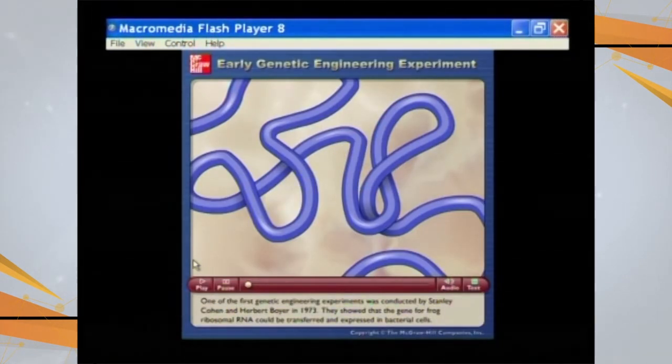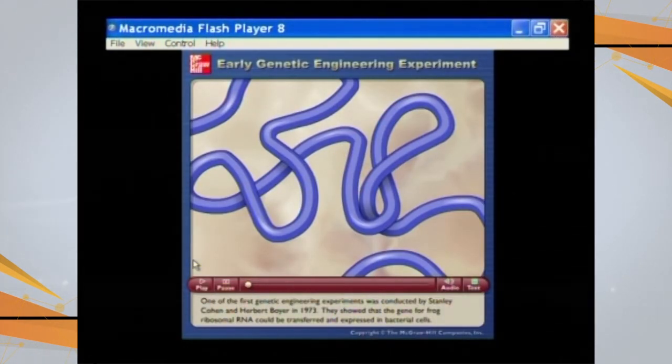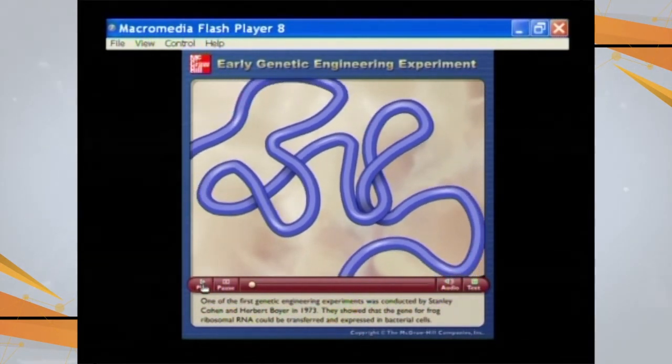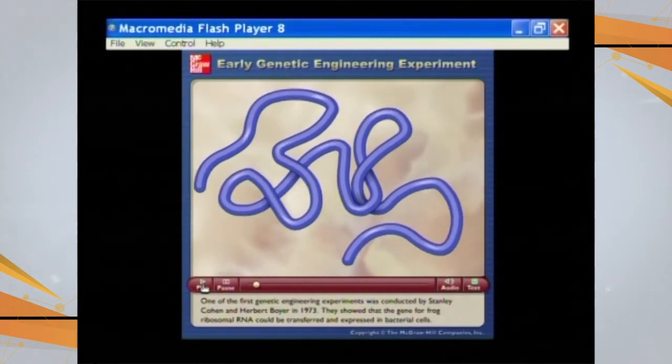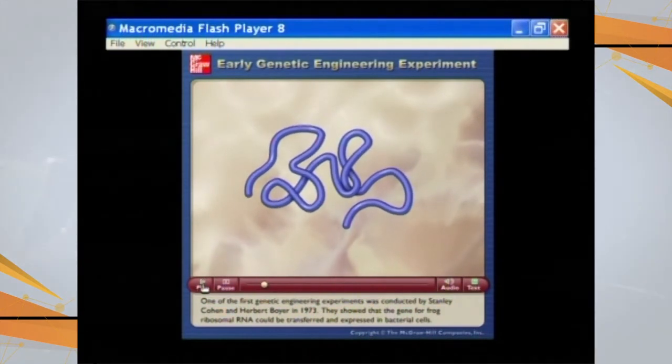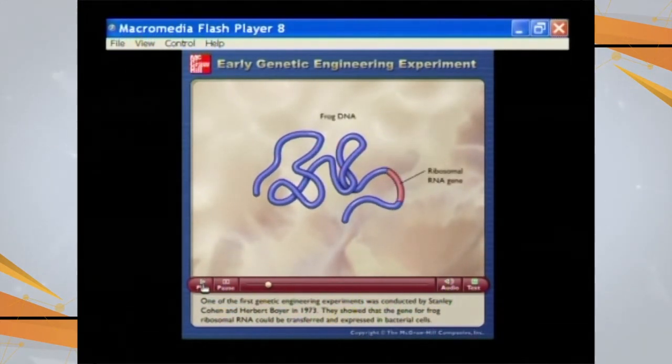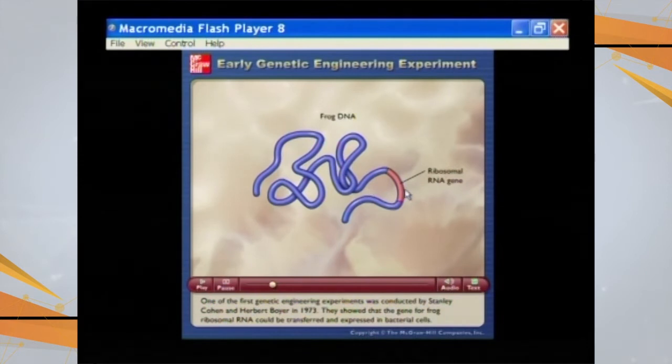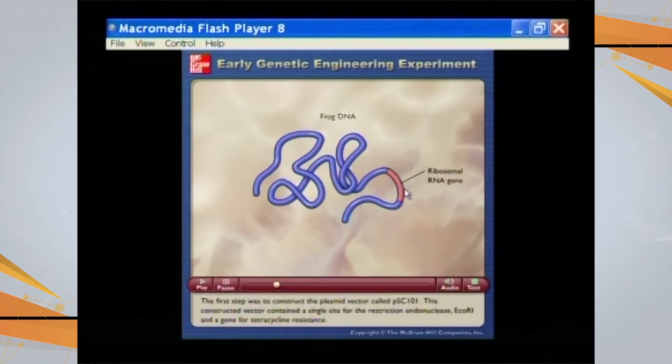Going on with the early genetic engineering experiments. These experiments were conducted by Cohen and Boyer in 1973. They showed that the gene for frog ribosomal RNA could be transferred and expressed in bacterial cells. This is the ribosomal RNA gene.